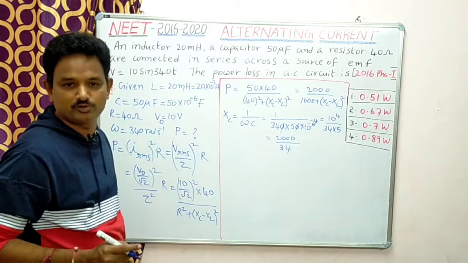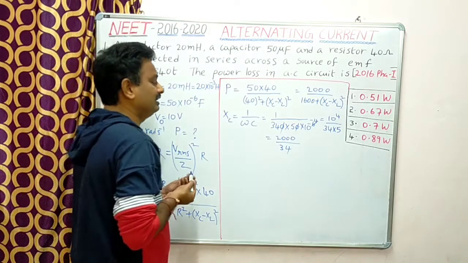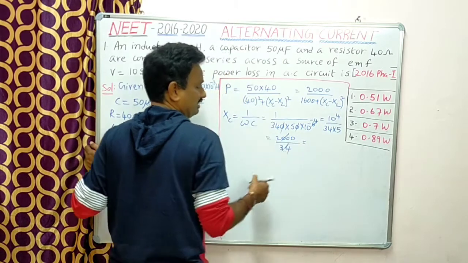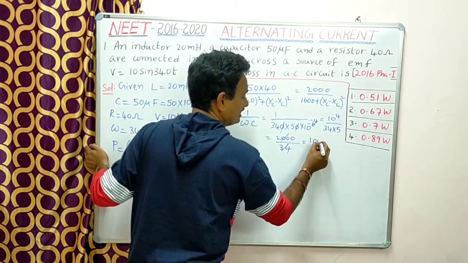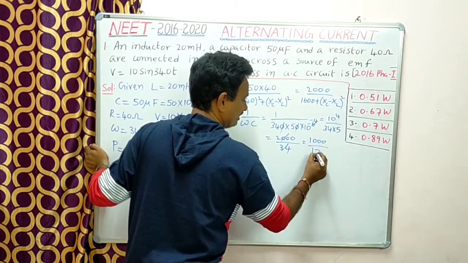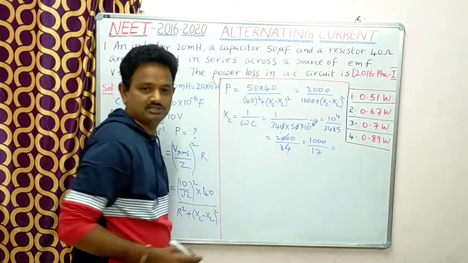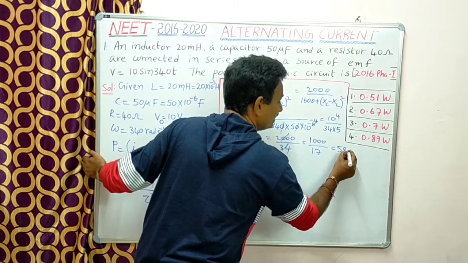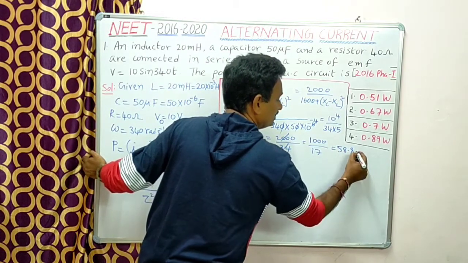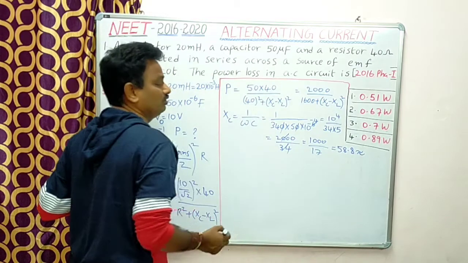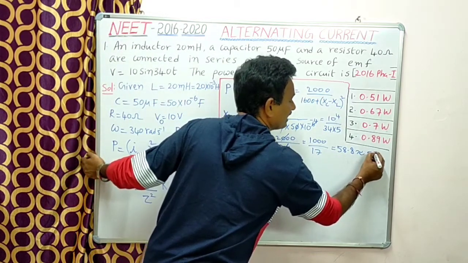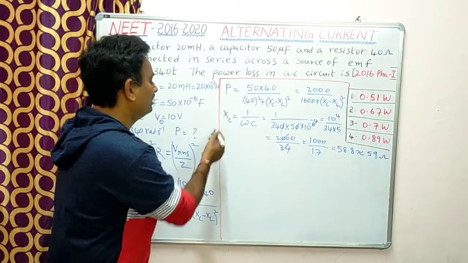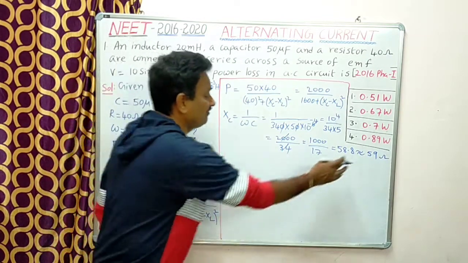Cancelling the 2 table, you will get 1000 by 17. 1000 by 17, if you divide, you will get 58.8, approximately equal to 59 ohm. So I got capacitive reactance 59 ohm.